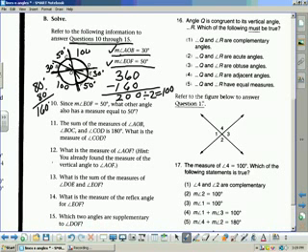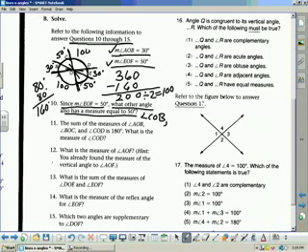360. Now we can answer all the questions that we have here because we have all of our degrees in the diagram. Question 10. Since EOF is 50, what other angle also has a measure equal to 50? Well, because we already put it in our diagram, EOF and COB. Angle COB is the other angle that is equal to 50.